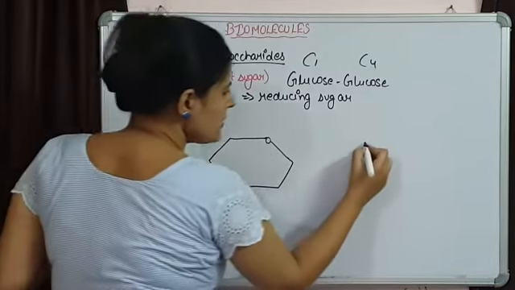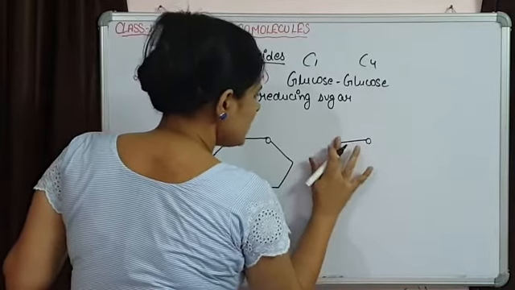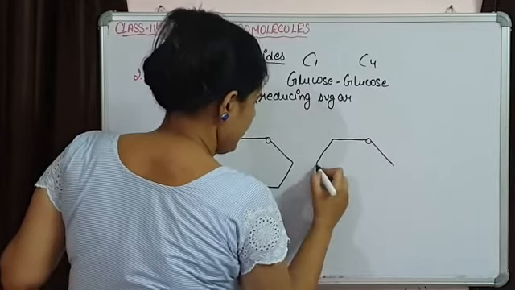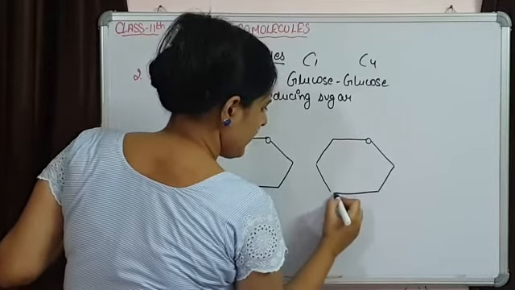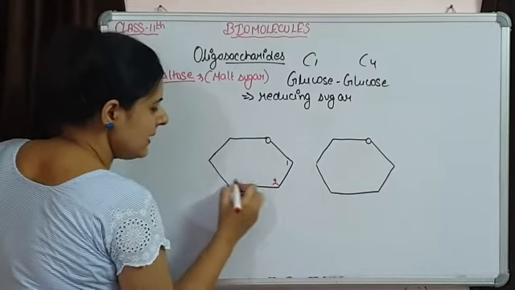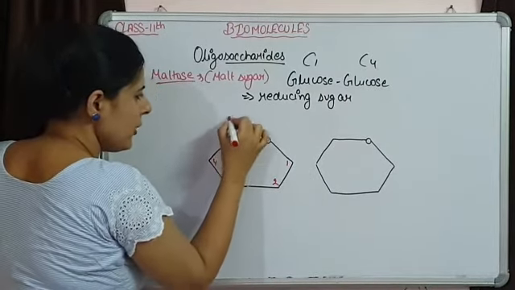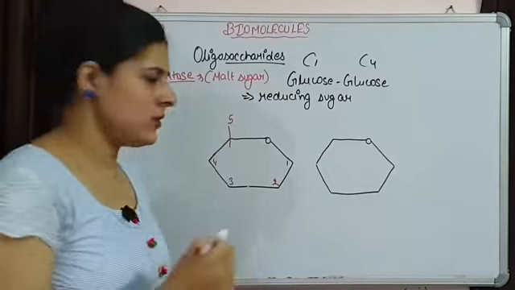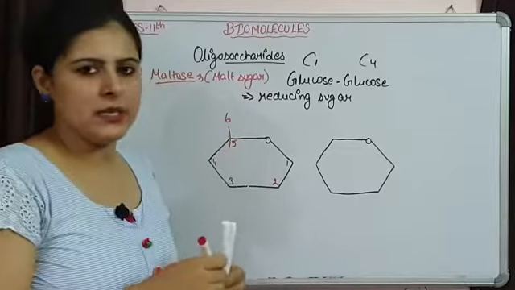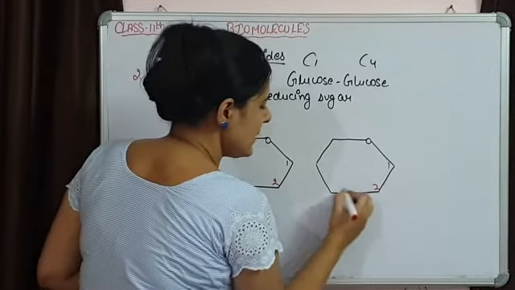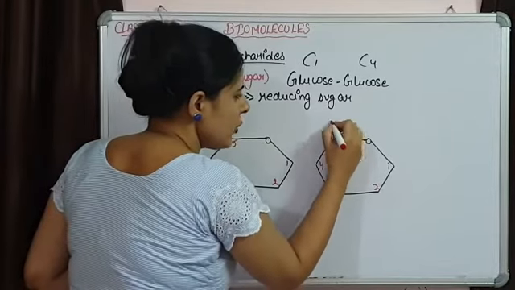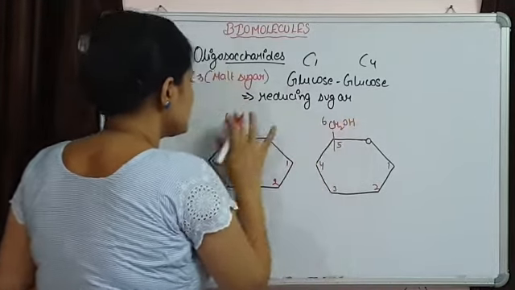This is one glucose and the orientation is like this. This is how the second glucose is going to be present. Here is the first carbon, second, third, fourth and fifth carbon, and the sixth carbon is present. For the other one, first, second, third, and here the fourth carbon is going to come. This is the fifth one, and over here CH2OH, the sixth, is present.